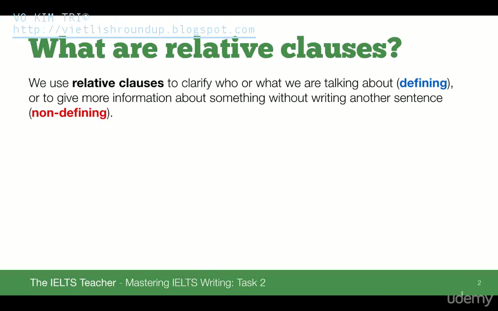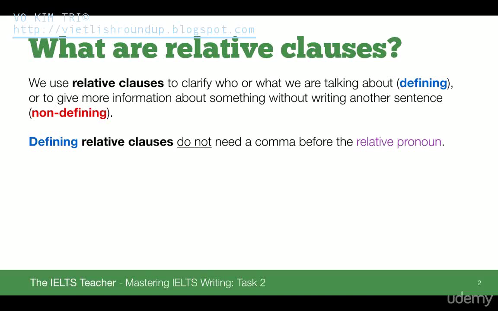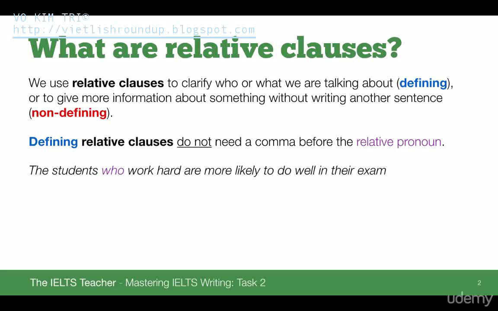Let's look at some examples. So, first of all, a very important punctuation point. Defining relative clauses do not need a comma before the relative pronoun. So don't use a comma when you're using defining relative clauses. The students who work hard are more likely to do well in their exams.